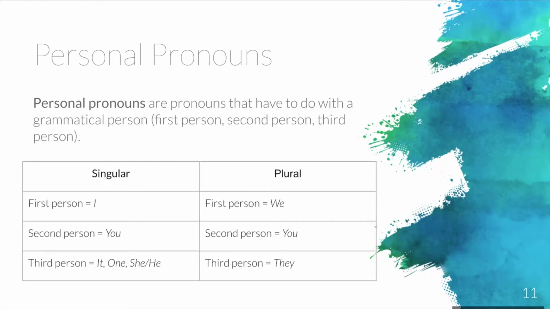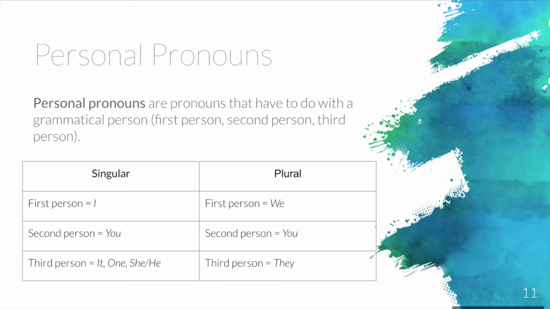Those are all singular personal pronouns. For plural ones, in first person we have we, which is a group of people. In second person, you, which can be singular and plural. And in third person, you can say they, which is also a group of people.